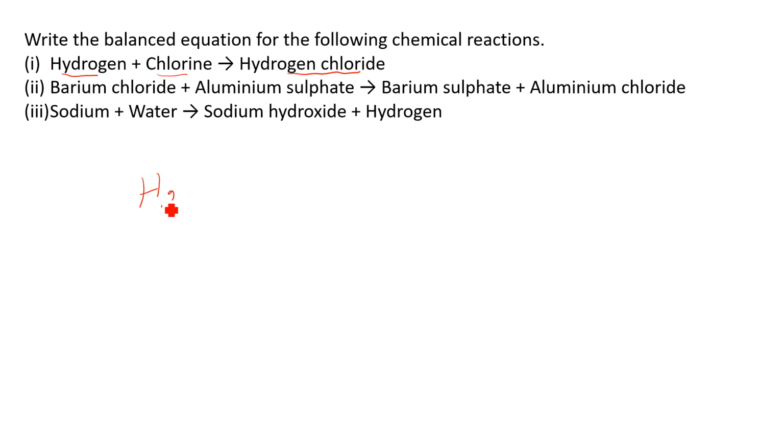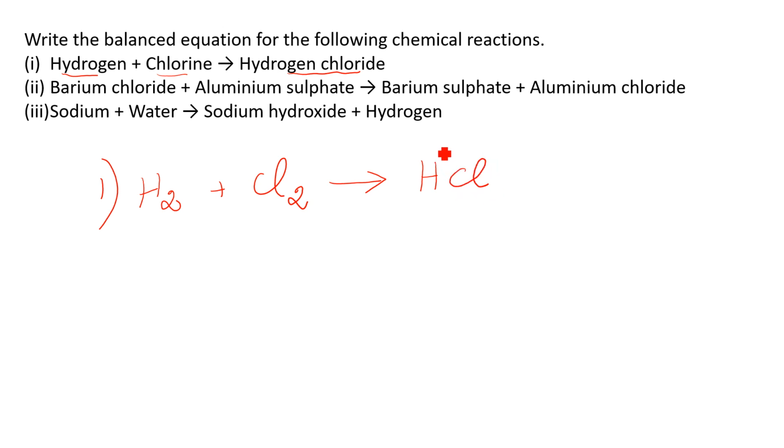Hydrogen is H2. Chlorine is Cl2. Gives hydrogen chloride. Hydrogen is H, +1. Chloride is Cl, minus.